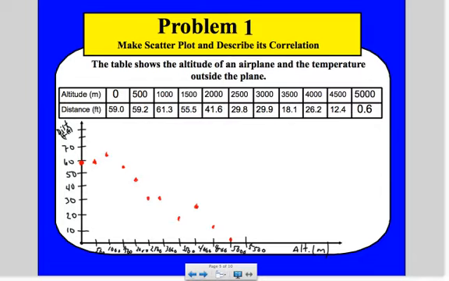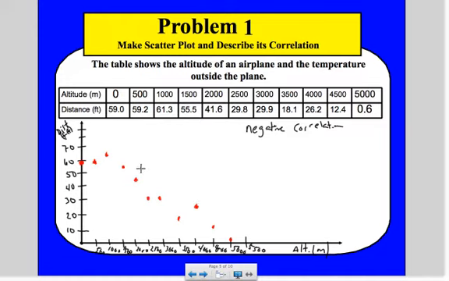So the first thing we're going to talk about is what type of relationship this one has. A correlation means it's a positive slope, negative slope, or really no slope. This one would have a negative correlation. Now, how would we know it's a negative correlation? Well, when you look at it from left to right, it is kind of sweeping downward.